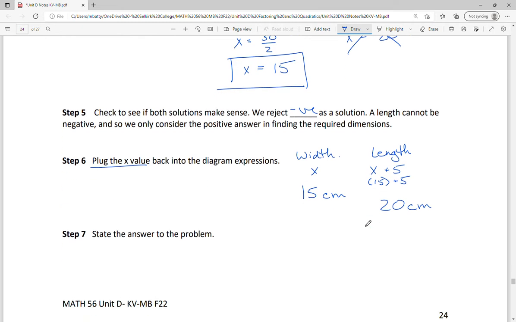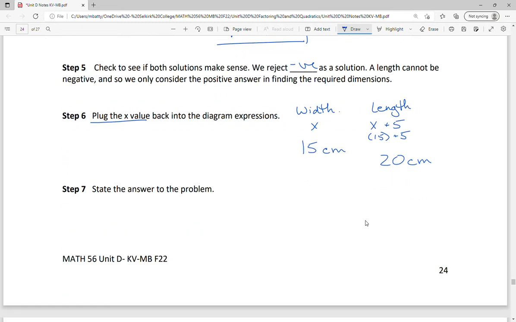The last part of this is to answer the question. So the answer to this is that the rectangle dimensions would be 15 centimeters by 20 centimeters.